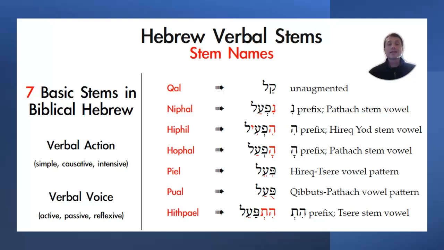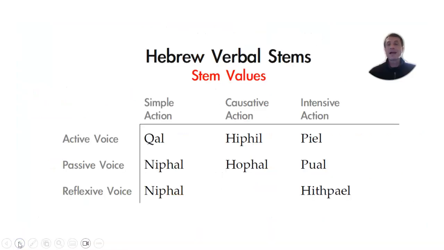This week we are looking at the hifil, which, if you look at our XY axis chart that we've been interacting with, these verbal stems or verb patterns indicate verbal voice, right? Active, passive, or reflexive. We've looked at the kal or the pa'al stem. Last week we looked at the piel stem, which is all the way on the right hand side, active voice.